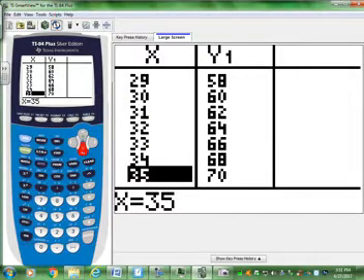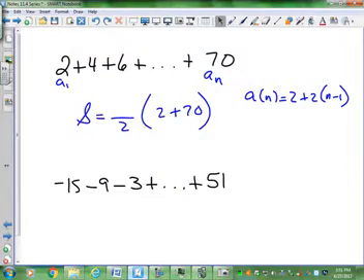And n is 35. Now, it's not always half of it, so you need to make sure that you learn how to do that. It just happens to be in this problem. So then I'm going to do 35 divided by 2 times 72.